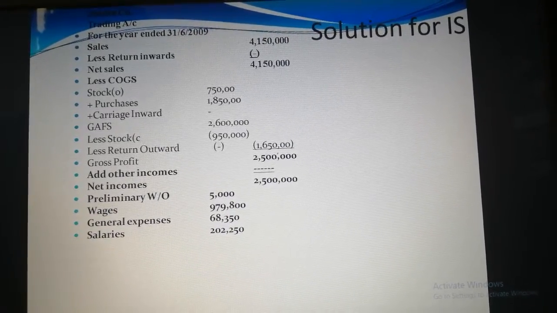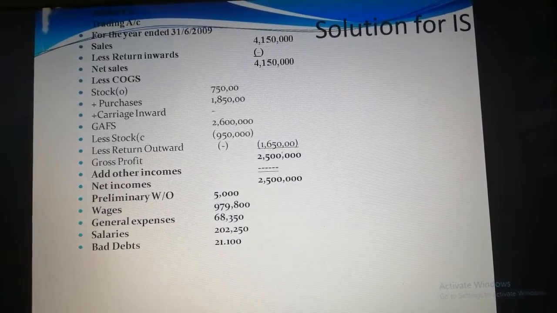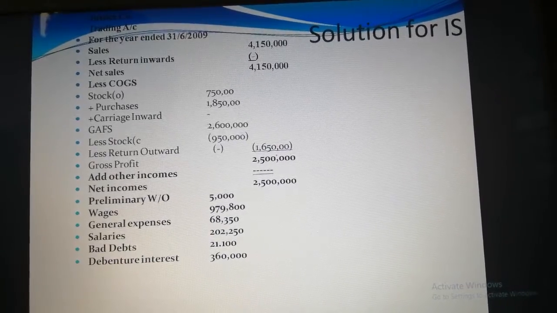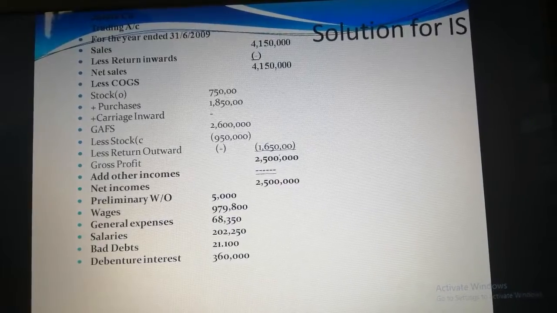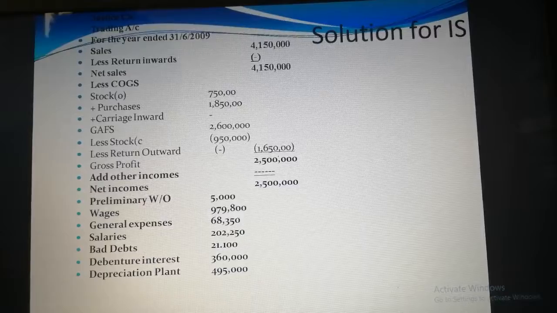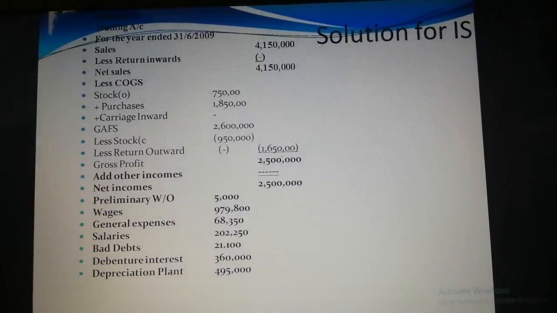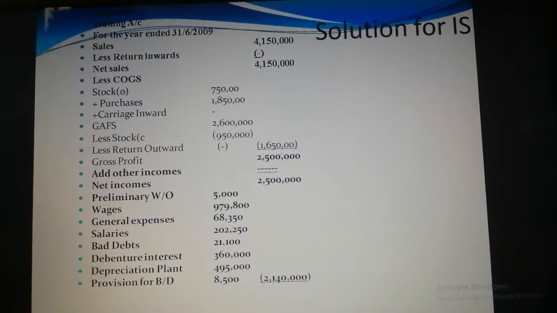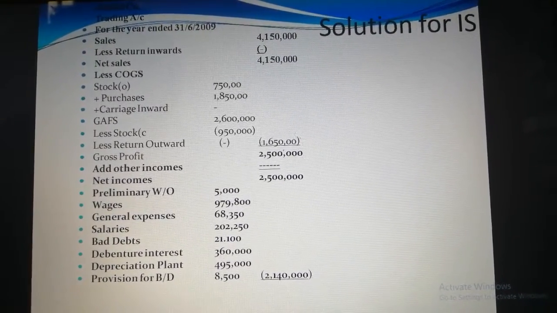Add sales salaries 202,250. Add bad debts 21,100. Add debenture interest 360,000, so the 12% of 3 million is 360,000, which is our debenture interest. Depreciation of plant, 15% of 3,300,000, gives us 495,000. Add provision for bad debts, which is giving us 8,500.